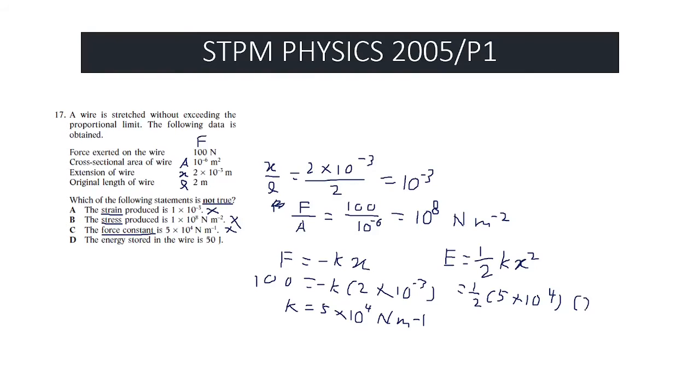The extension, so we get 0.100, and so the energy stored in the wire is given by this value, 0.100 joule.